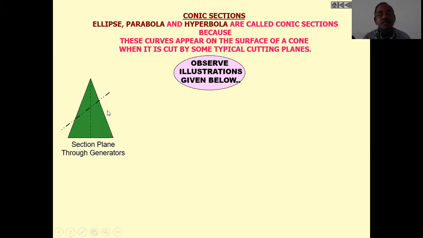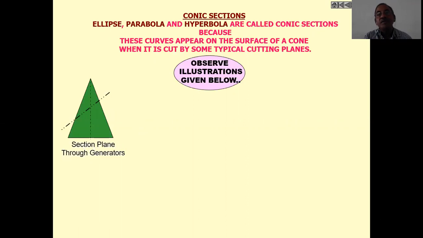So there is a relation between theta and alpha. Theta is half of the apex angle, and alpha is the angle between the axis of the cone and the section plane with which we cut that cone.